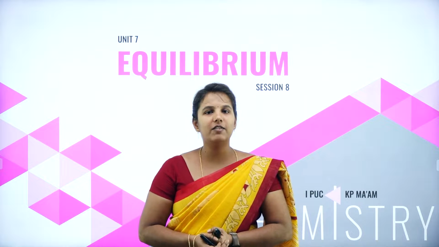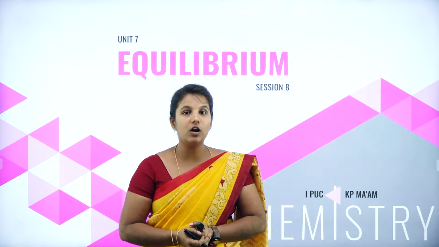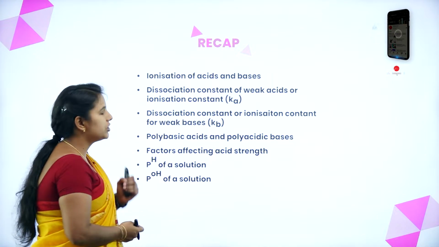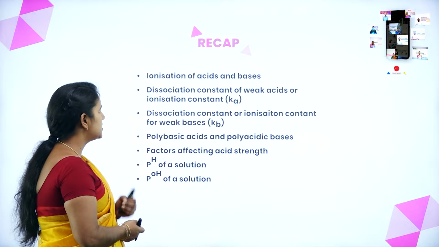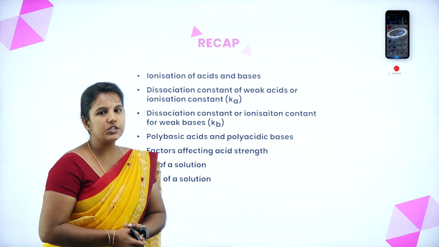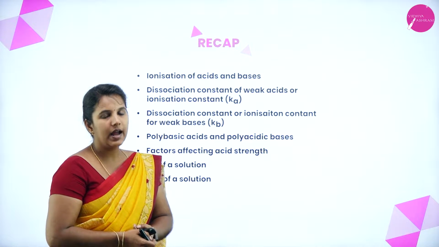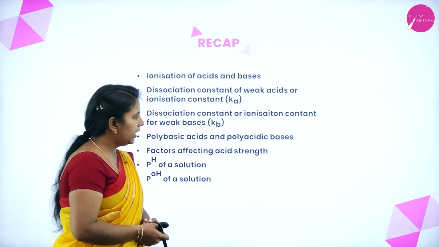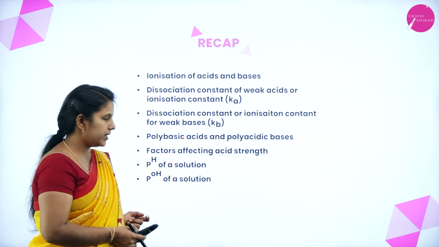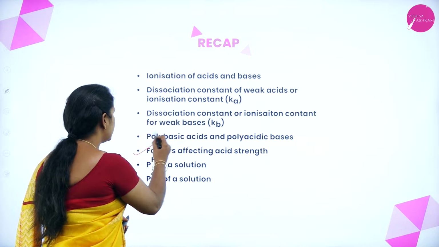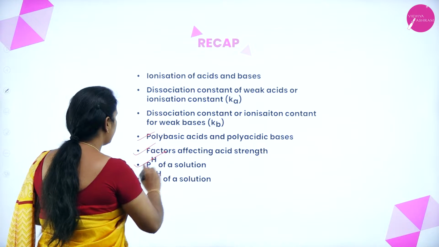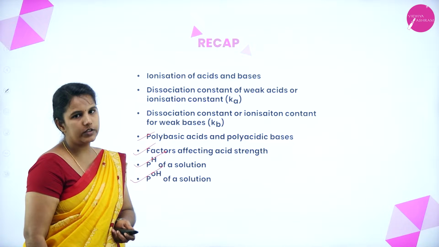My dear students, in our last discussion, we were dealing with the unit called equilibrium. Under this unit, we discussed the ionization constant of acids and bases, and learned how to derive an equation for the dissociation constant of weak acids as well as weak bases. We also understood polybasic acids and polyacidic bases, the factors affecting acid strength, and what pH and pOH of a solution are.